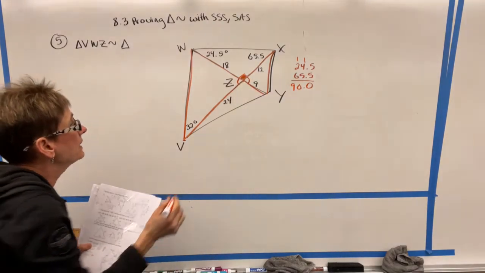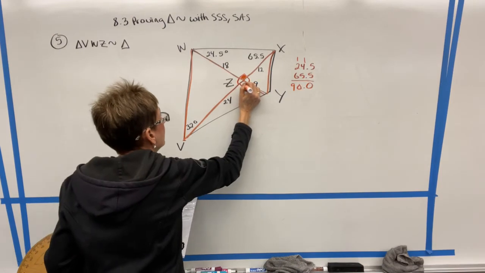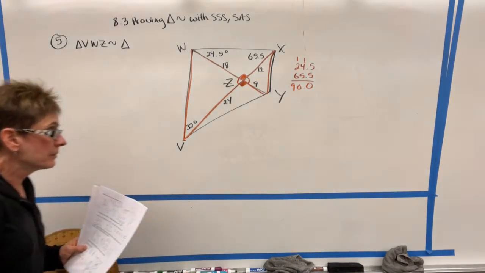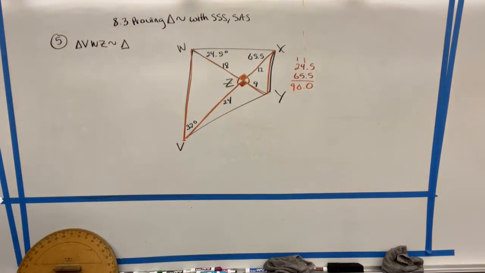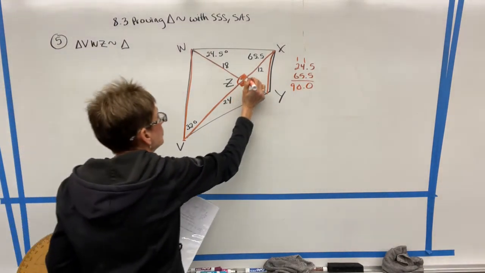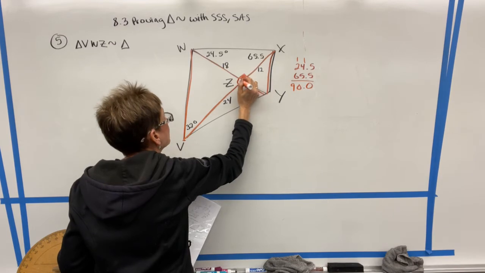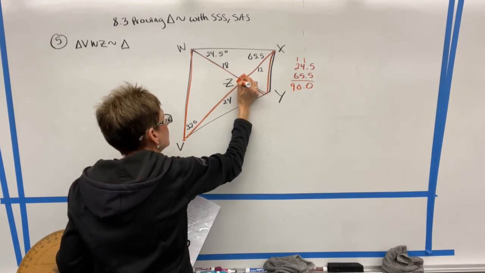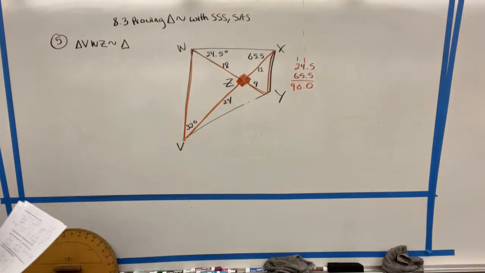And then this angle here would also be 90. And then from there, I can see that these two angles also would have to be 90. So all four of those angles would end up being 90.